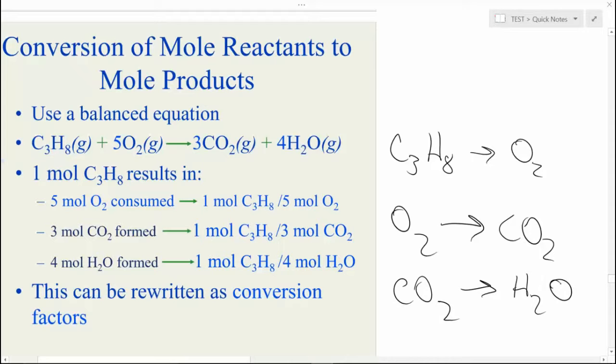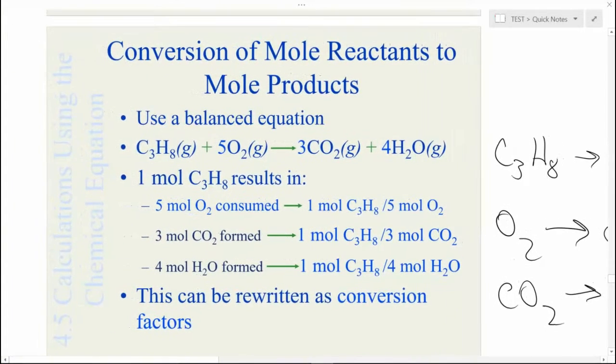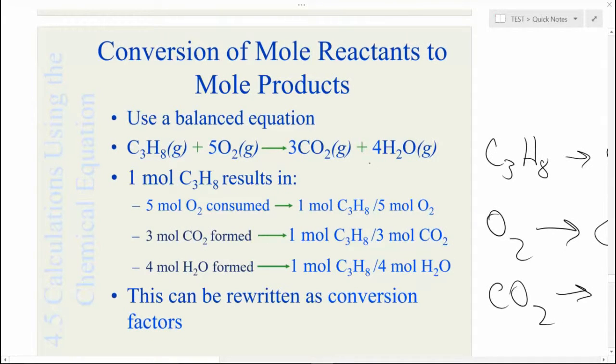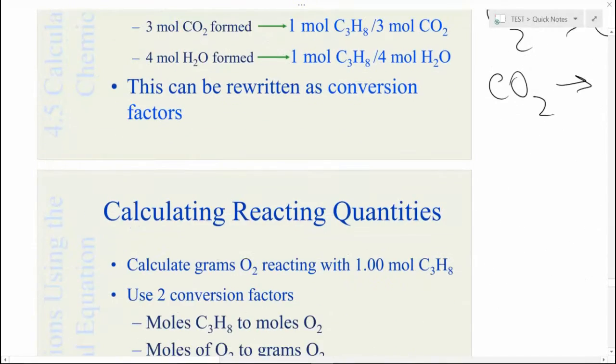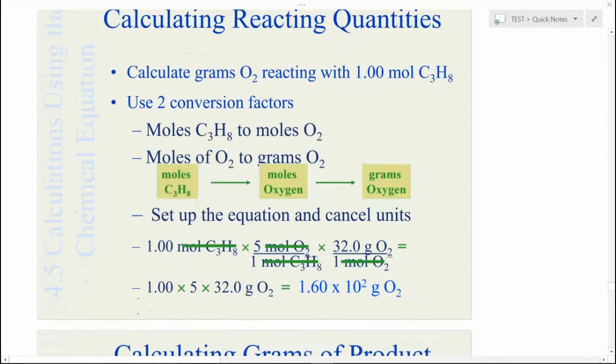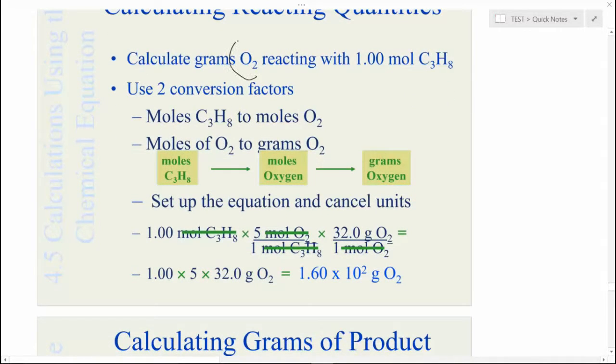So there's a bunch of different conversions available using this balanced chemical equation. Here we're asked to calculate the grams of oxygen reacting with 1 mole of C3H8. This is a simple process of going from the moles of C3H8 to the moles of oxygen and then to the grams of oxygen.